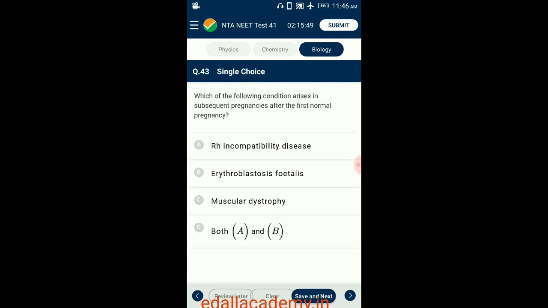Question number 43. Which of the following arises in subsequent pregnancies after the first normal pregnancy? Erythroblastosis fetalis, classically Rh incompatibility, may develop when a woman with Rh negative blood is impregnated by a man with Rh positive blood and conceives a fetus with Rh positive blood, sometimes resulting in hemolysis.